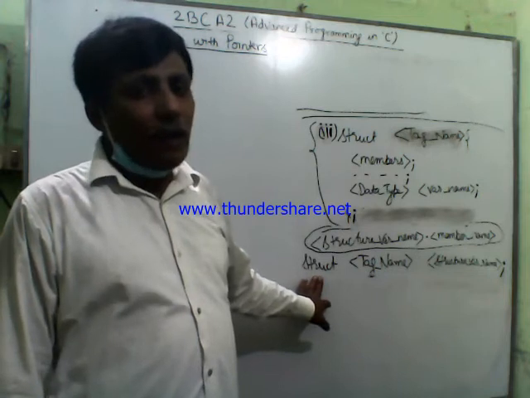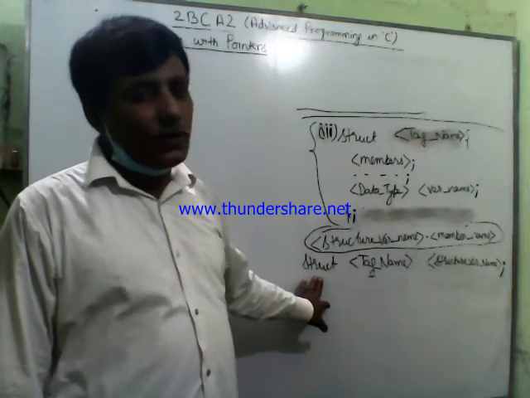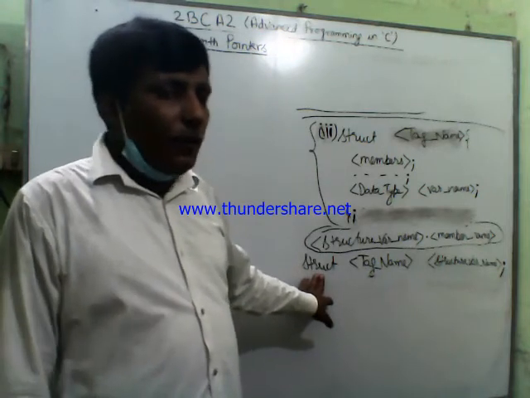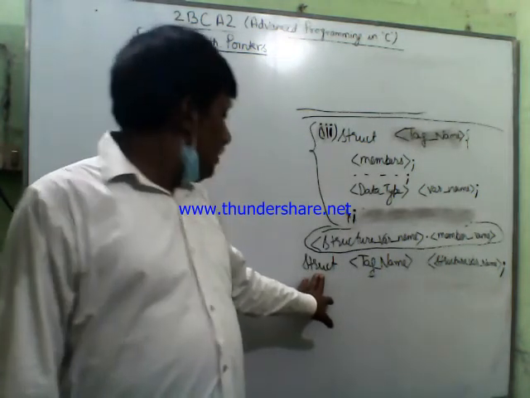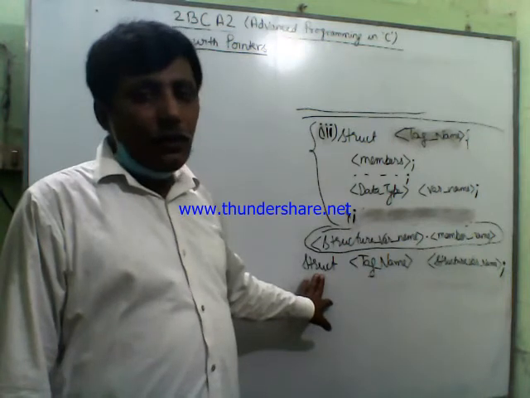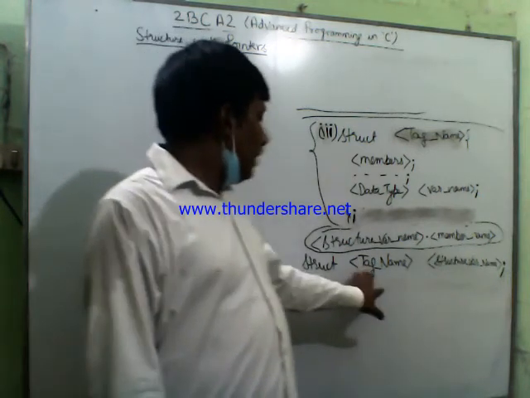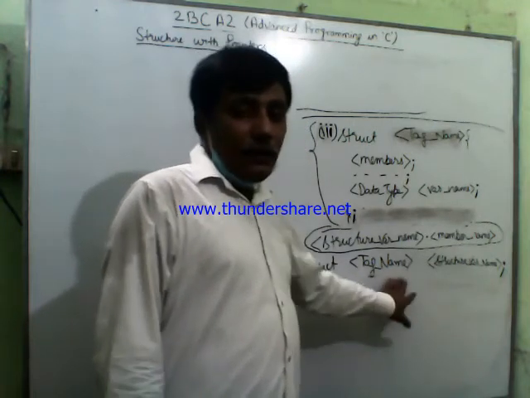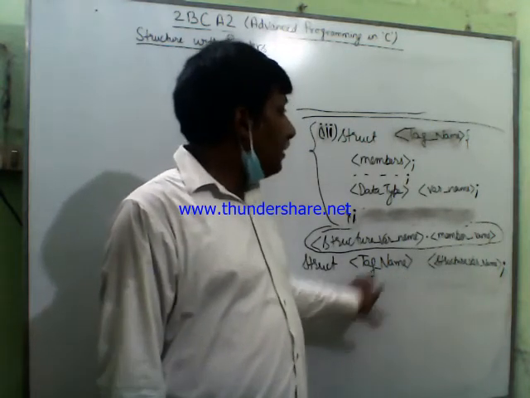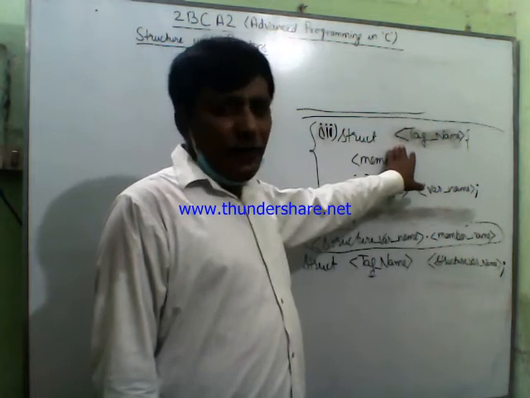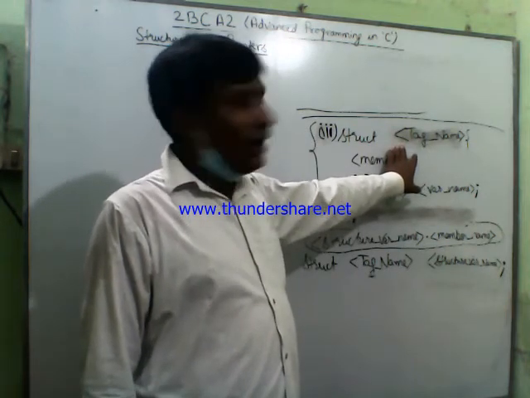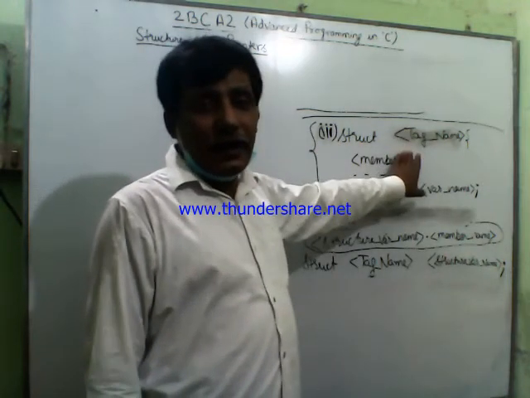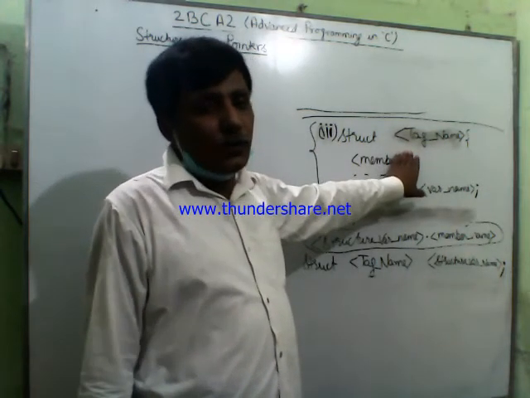So, when you have to declare a structure variable, you have to first put the struct keyword in the code line, and then you have to type the tag name that you have given as an identifier name after the struct keyword in the declaration line of the structure.